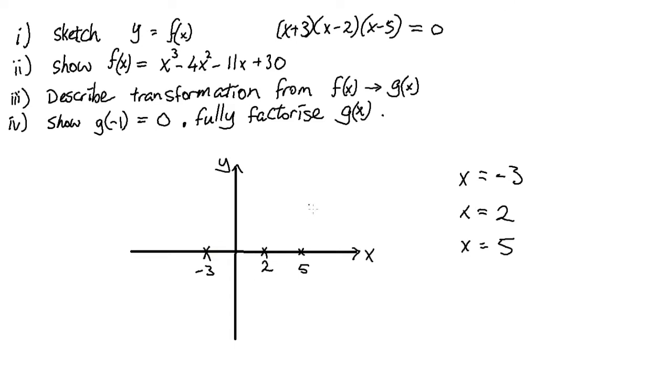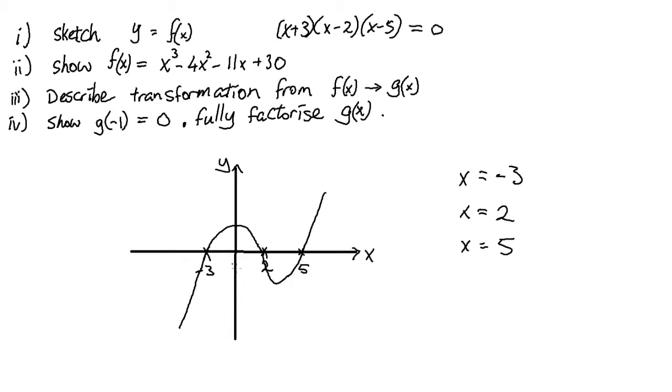We know for a fact that this is a cubic curve, and the general curve of a cubic looks sort of like this. It goes up, reaches a maximum, goes back down, and goes back up again.